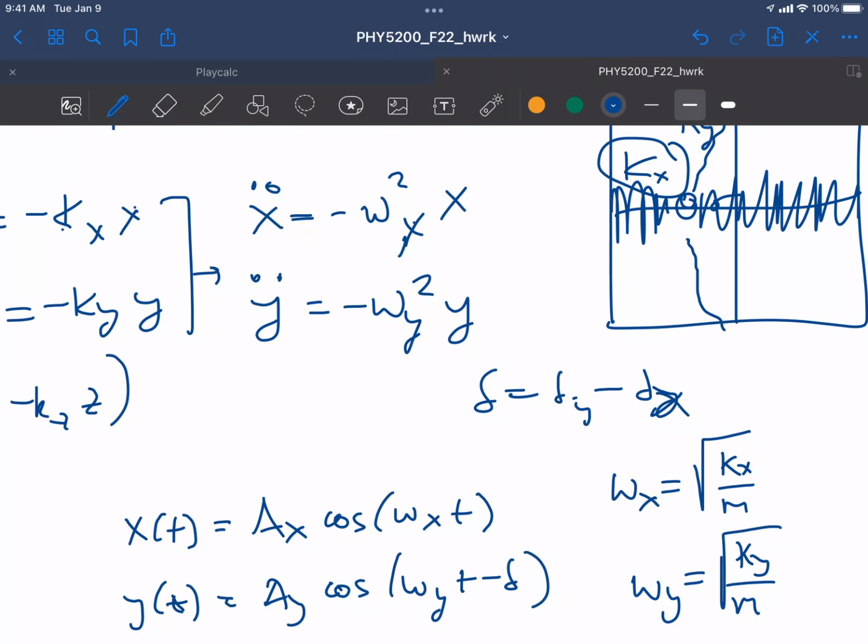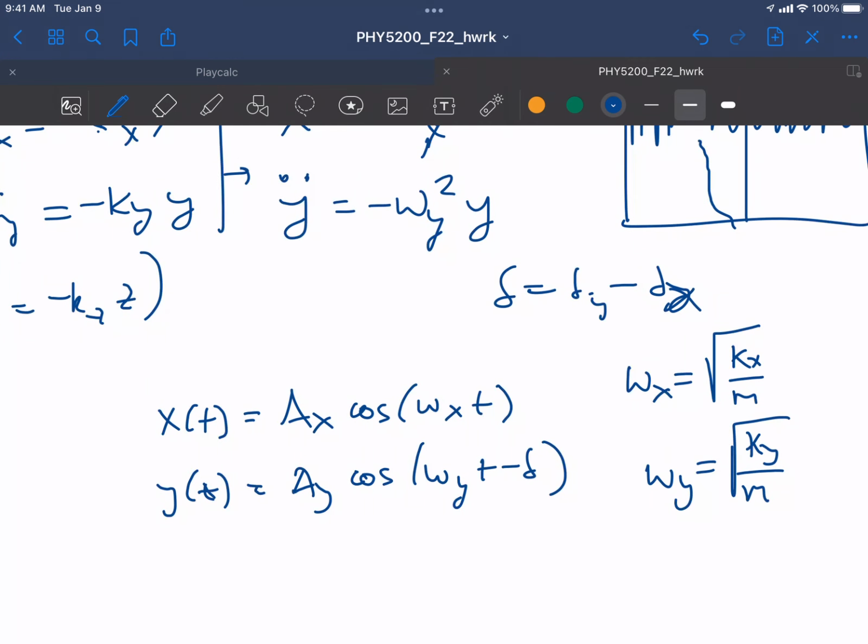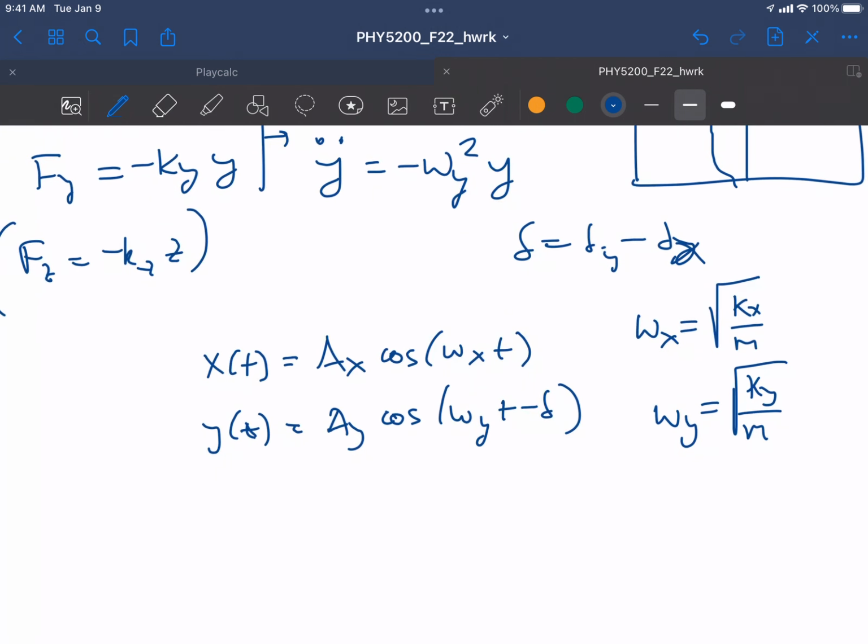So kx is one of the spring constants, it's much larger than ky. But in the x motion, you need to use the omega for the x spring constants, and for the y motion we'll use the spring constant for the y springs. Okay.